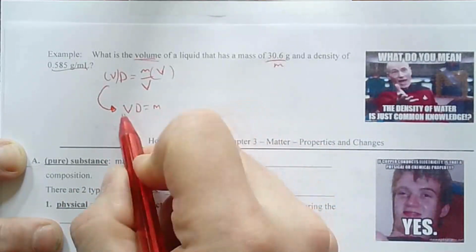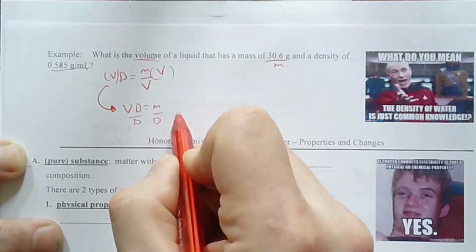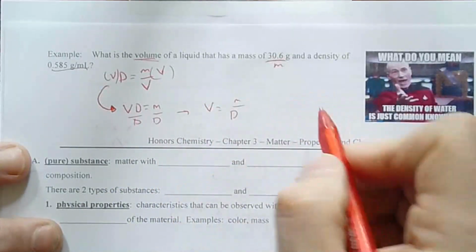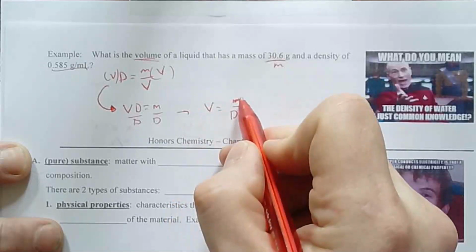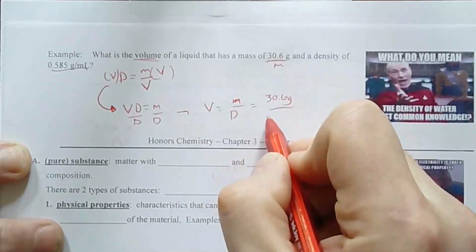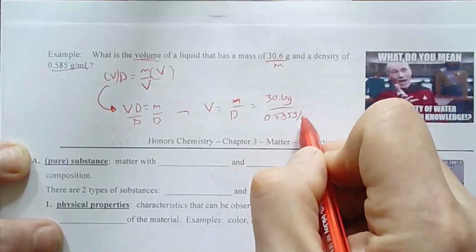And then lastly, to get volume by itself, I need to divide both sides by density. So after my manipulation, I get the expression volume is mass over density, and that's 30.6 grams over 0.585 grams per milliliter.